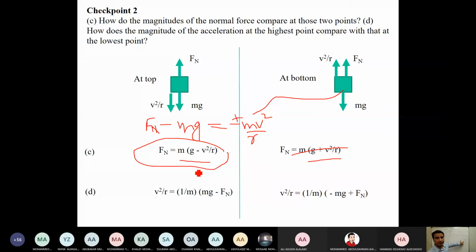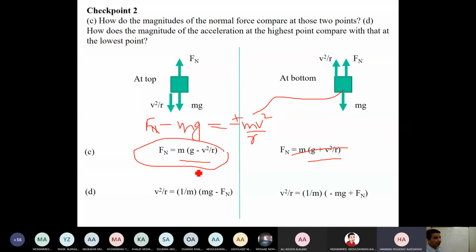I choose the minus sign for this one because I should be consistent here, because this acceleration is pointing to the negative side. Fn is pointing to the positive side, so I took it positive. mg is pointing to the negative side, so I took it negative. Since this acceleration is also pointing to the negative side, there is this negative sign here.